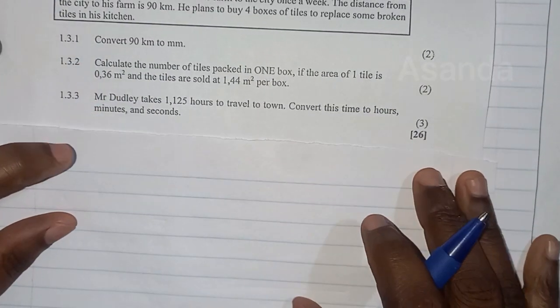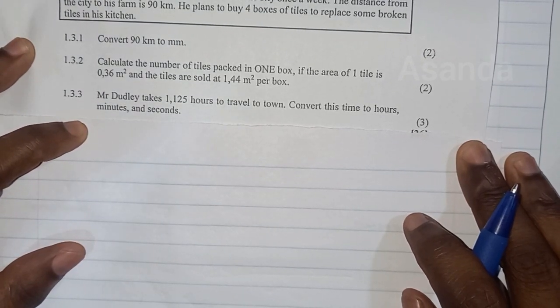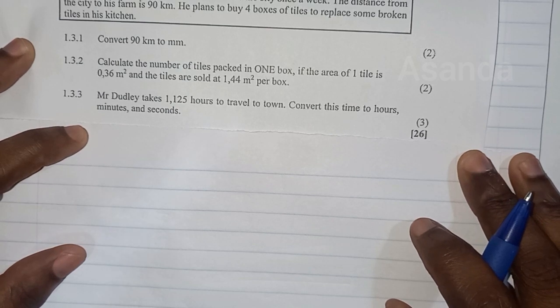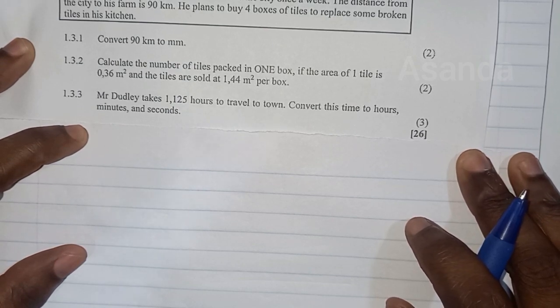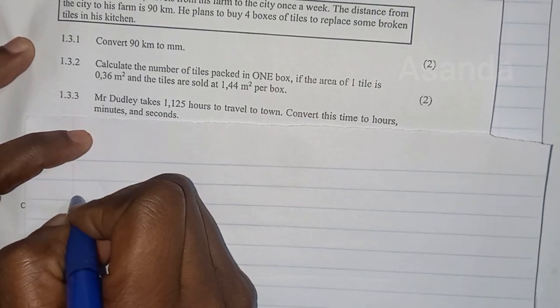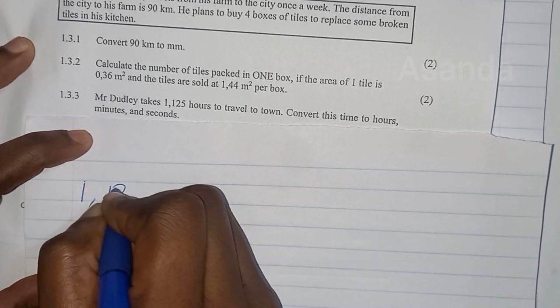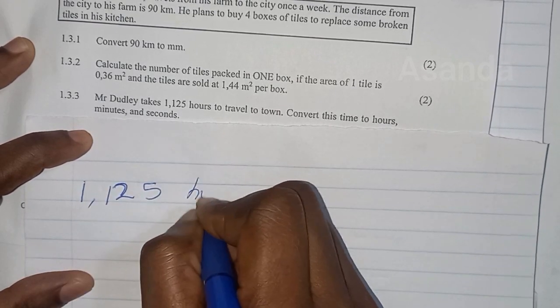And the last question says, Mr. Dudley takes 1.125 hours to travel to town. Convert this time to hours, minutes, and seconds. Okay, so let me just copy it first because I want to use the whole space. 1.125 hours.